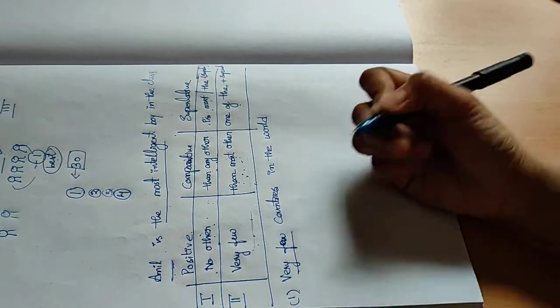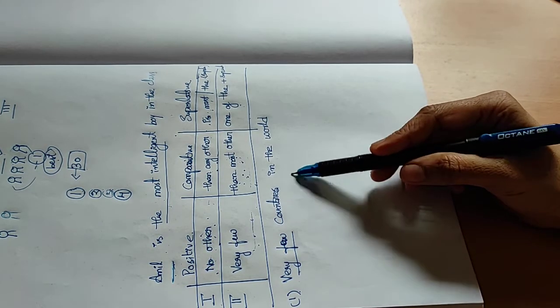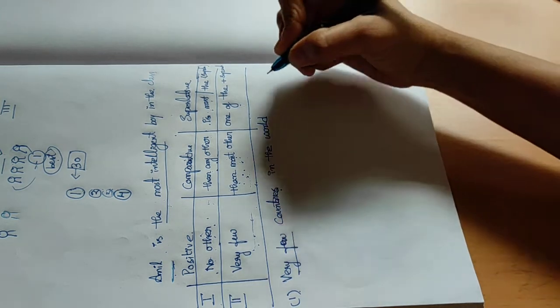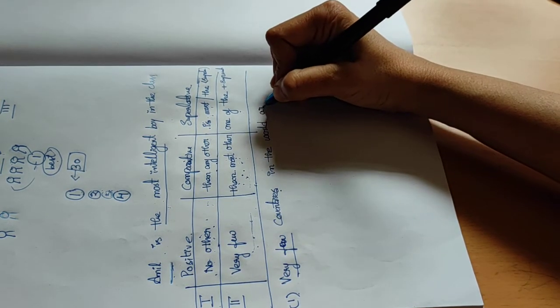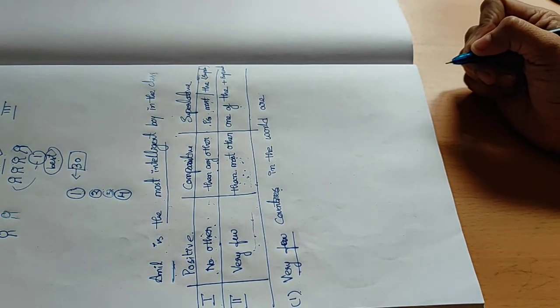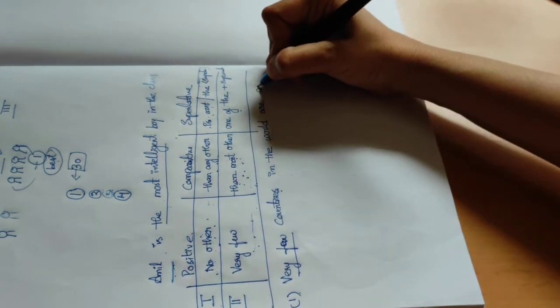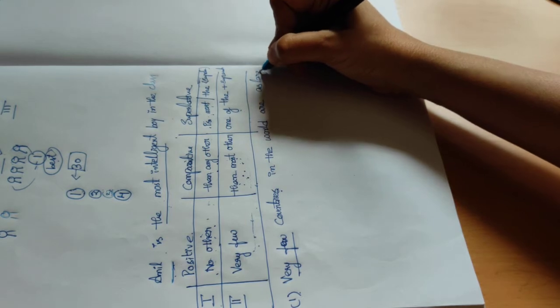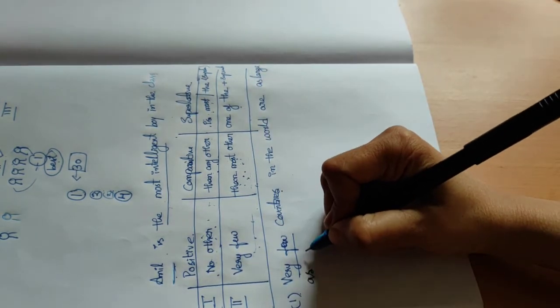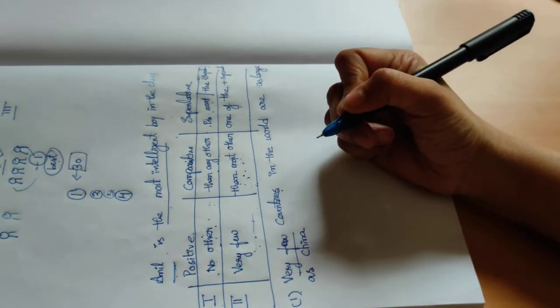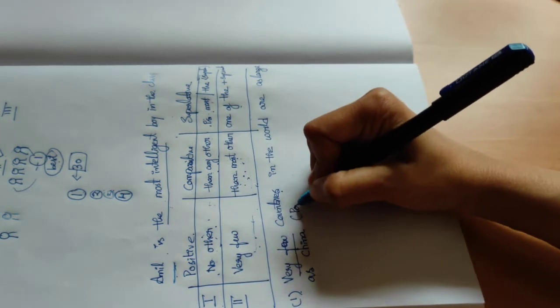Here countries is plural, so we have to use are. Very few countries in the world are as large as China. This is the positive degree.